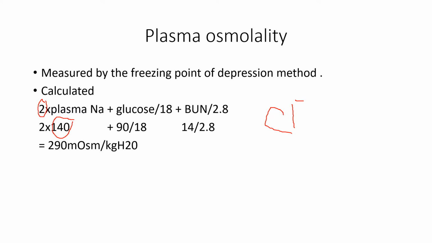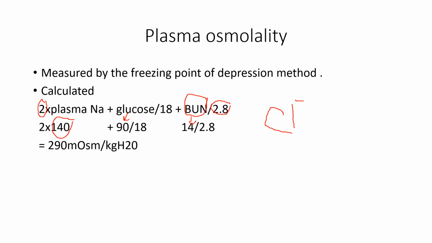Then the blood glucose is 90 milligram per deciliter, divided by 1/10 the molecular weight of glucose, which is 18, plus the blood urea nitrogen, which is 14, divided by 1/10 the molecular weight of blood urea nitrogen, which is 2.8.